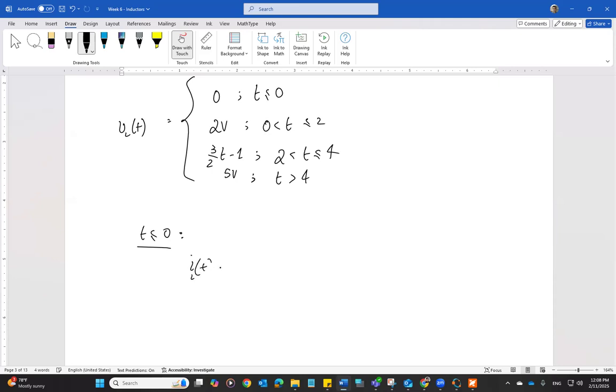Remember, IL(t) is equal to, in this case, 1 over L integral from negative infinity to t of VL(t) dt plus IL at the initial value. In this case, we are assuming that before t less than 0, we are going from negative infinity to 0. And that's going to give me 0 ampere.